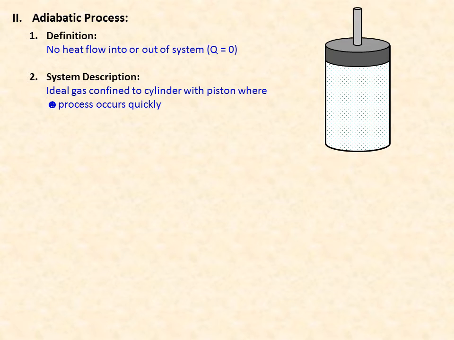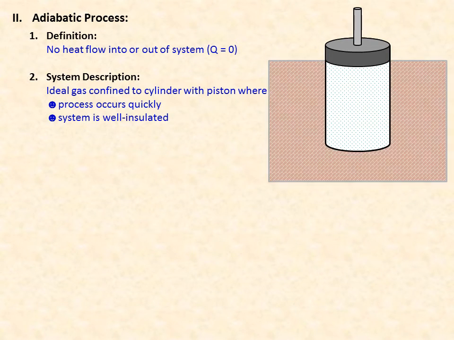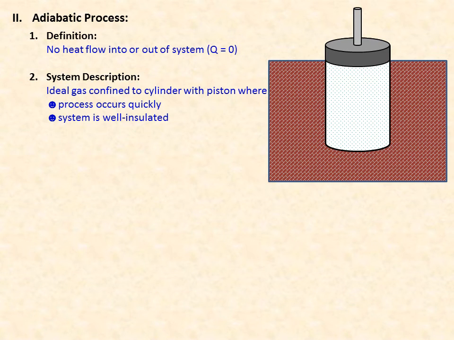The second possibility, we can allow a process to occur slowly so long as our system is well insulated. It's thermally insulated, so no heat is allowed to enter or leave it. So that's what I'm trying to show you in the diagram here.